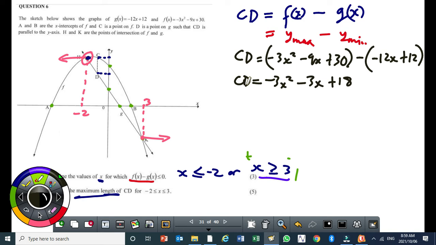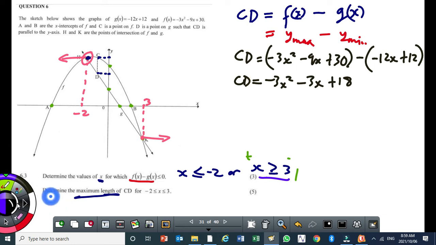And I want to find the maximum length of CD. Because of this word maximum here, it means I have to apply calculus. Why is it positive at the end? You see, we've got minus 9x there. Wait, okay, it's positive here.